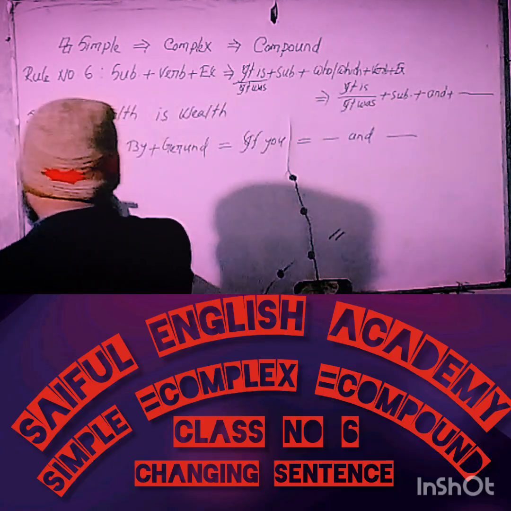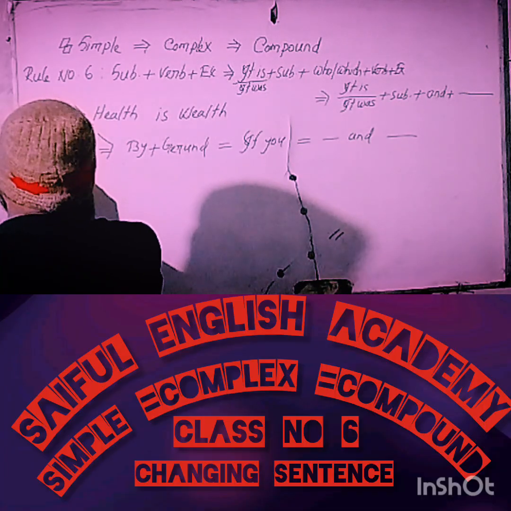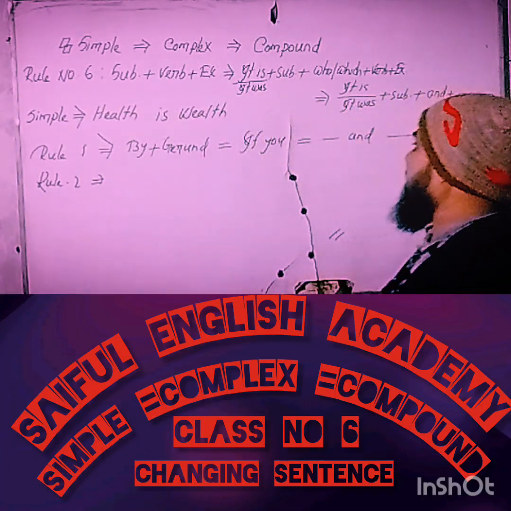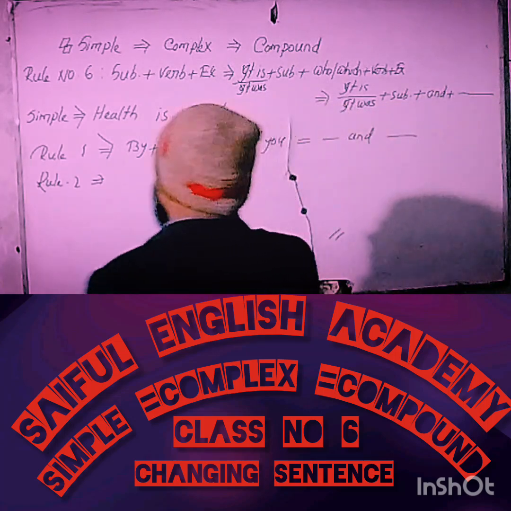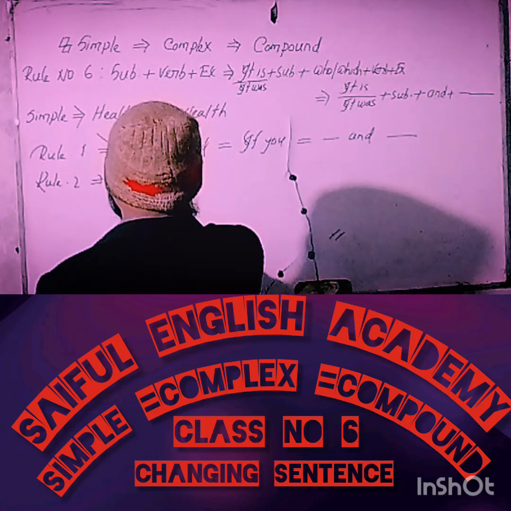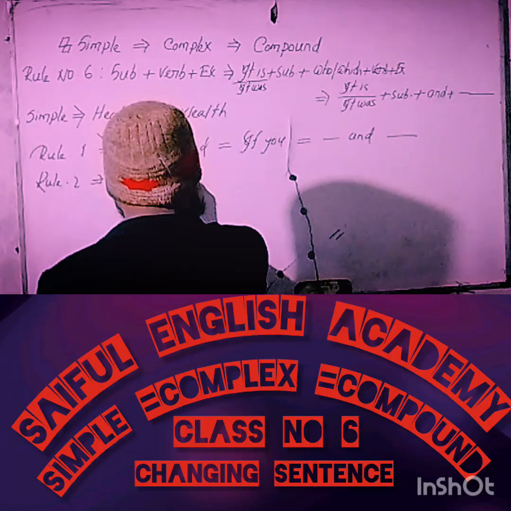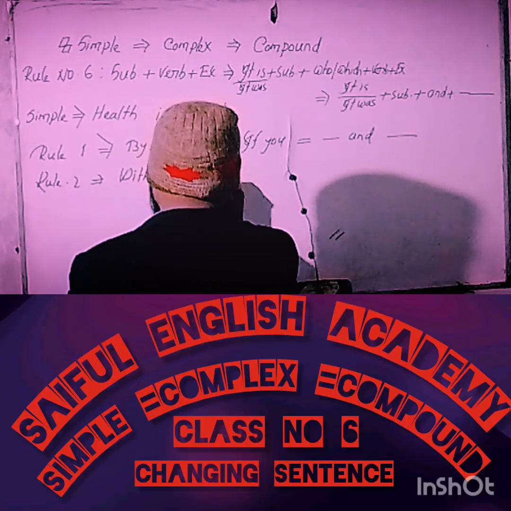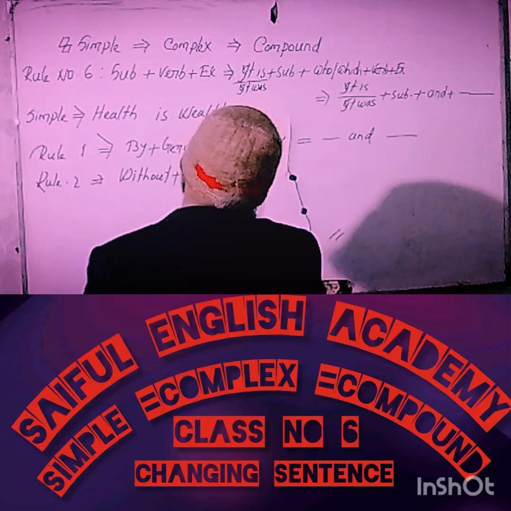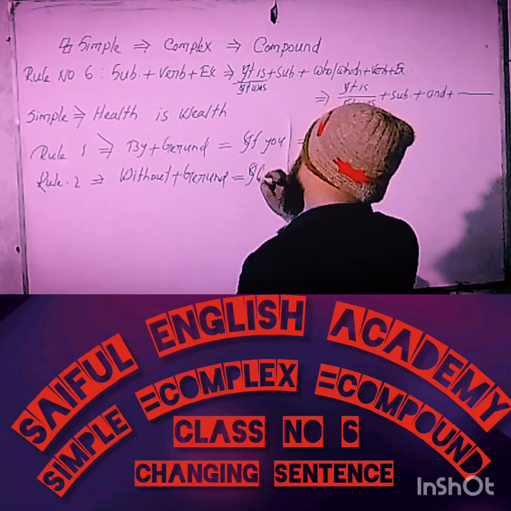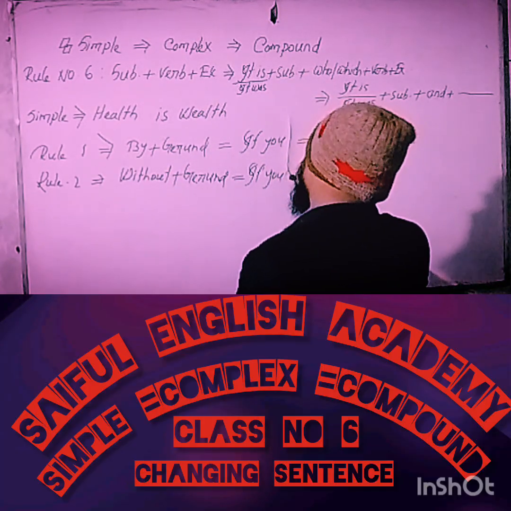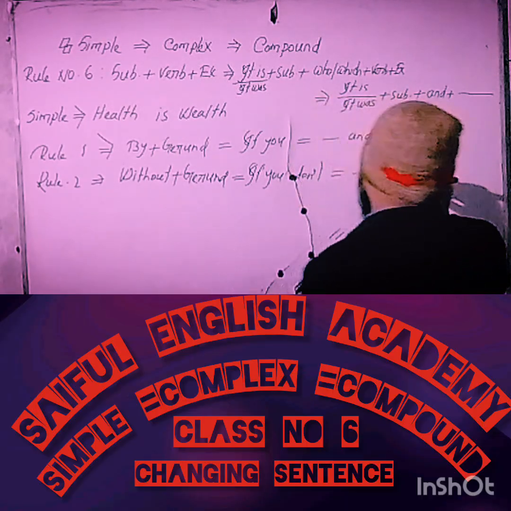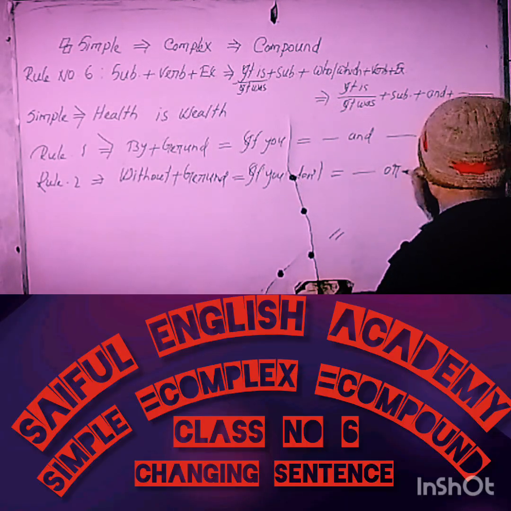Okay, you have understood clearly. In rule number 2: without plus gerund equals to if you don't, equals to or.